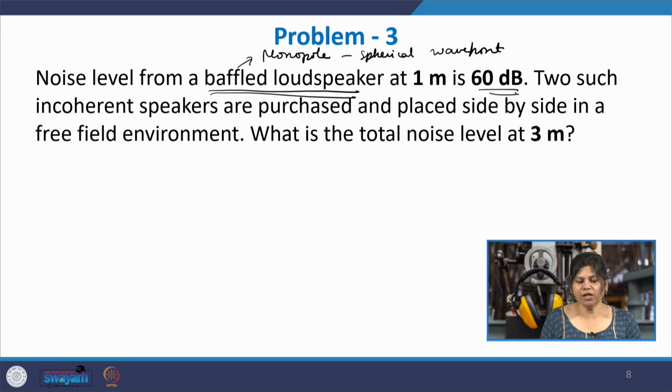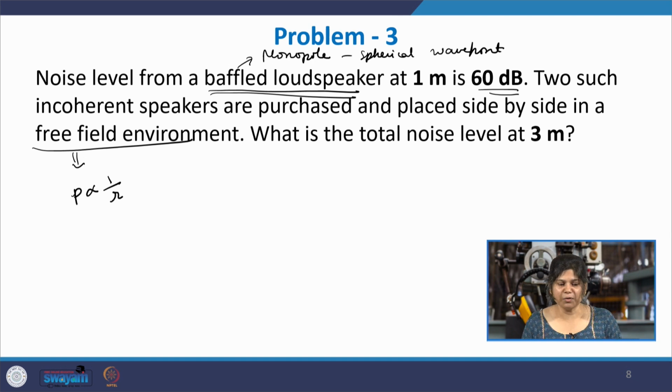Now, two such incoherent speakers are purchased and placed side by side in a free field environment, which means there are no reflections. So, all the acoustic pressure is because of the direct sound field, and it follows the law where pressure is inversely proportional to the distance of the measurement. Now, you have to find the total noise level at 3 meters.